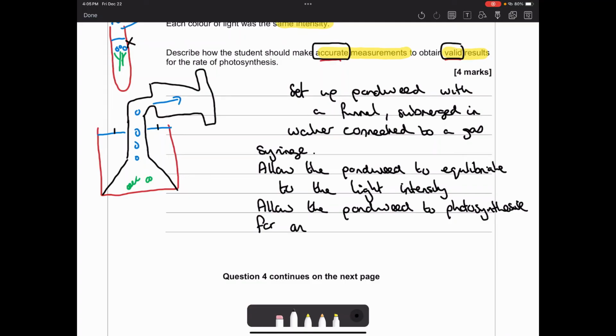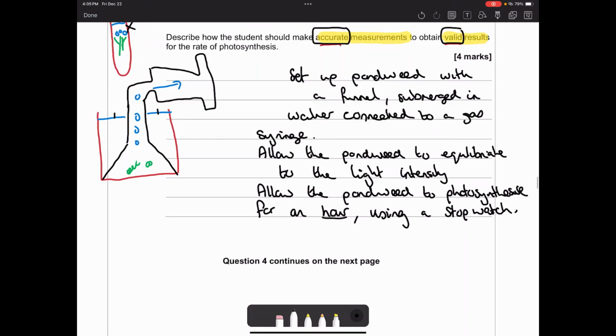I might say an hour, and if you're saying leave it for an hour, use a clock or a stopwatch. Okay, so use a stopwatch to measure the time. You would then measure the volume of gas in the gas syringe.